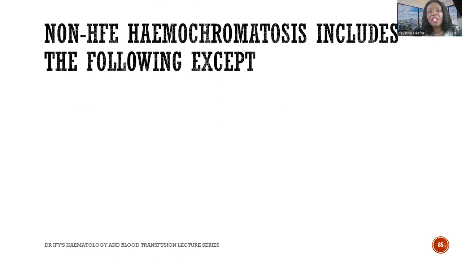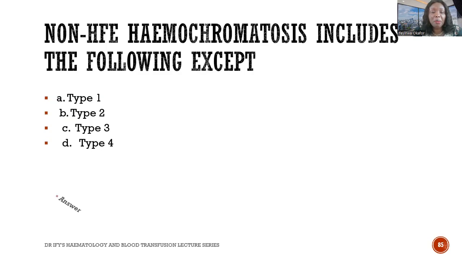Non-HFE hemochromatosis includes the following except: type 1 hemochromatosis, type 2 hemochromatosis, type 3 hemochromatosis, type 4 hemochromatosis. Answer A, type 1 hemochromatosis is not a non-HFE hemochromatosis.